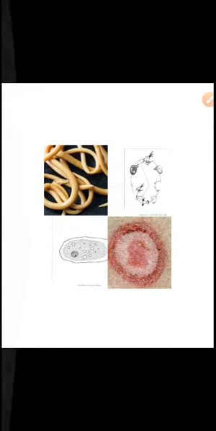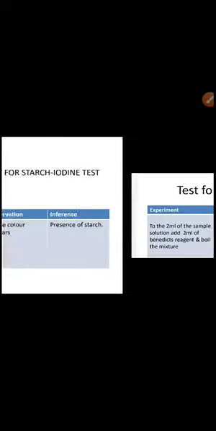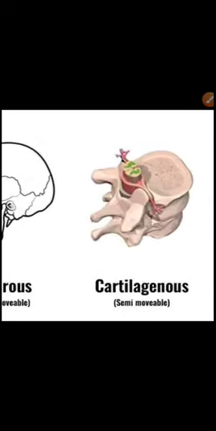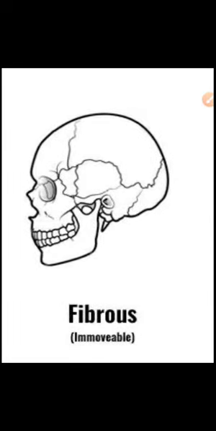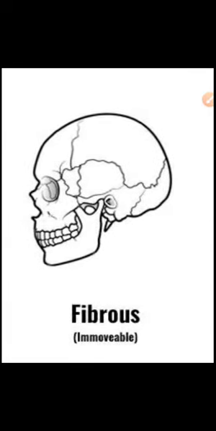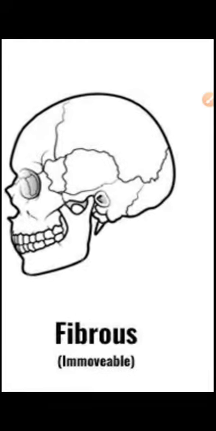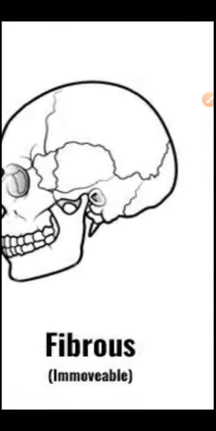Then about the joints. 3 joints are there. One is, if skull is shown, you have to write fibrous joint, and one peculiarity, it is immovable joint.